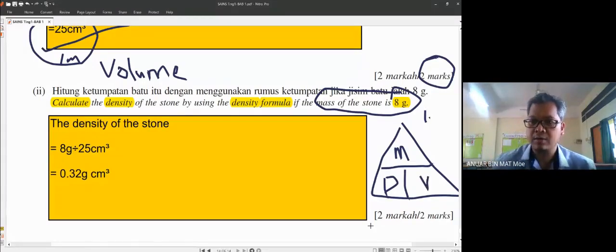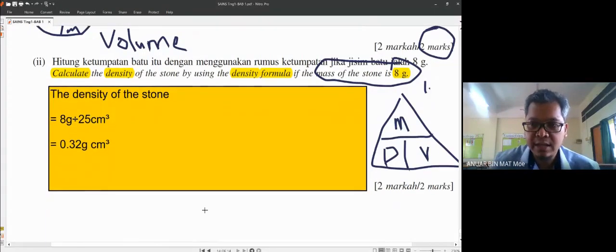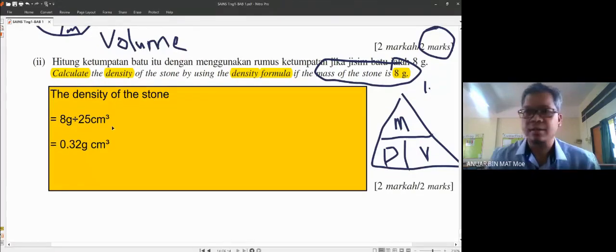The unit of density is gram per centimeter cubic. The unit of mass is gram, and the unit of volume is centimeter cubic. So in order to get density, you must divide volume over mass.